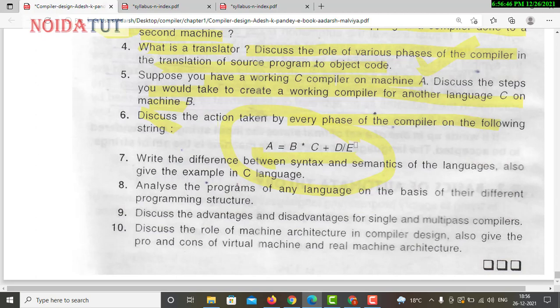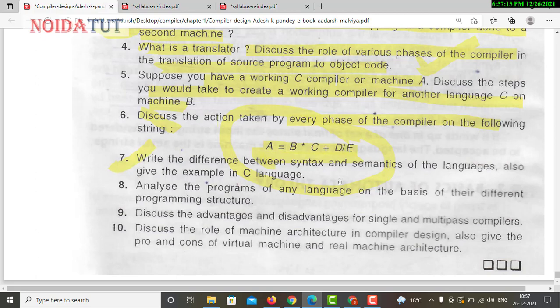From left to right it is going to scan each character. After scanning it is going to create the tree. After the tree it is going to create the optimized set of codes. Are you getting it? So these steps we have already seen, how it is going to follow the steps.